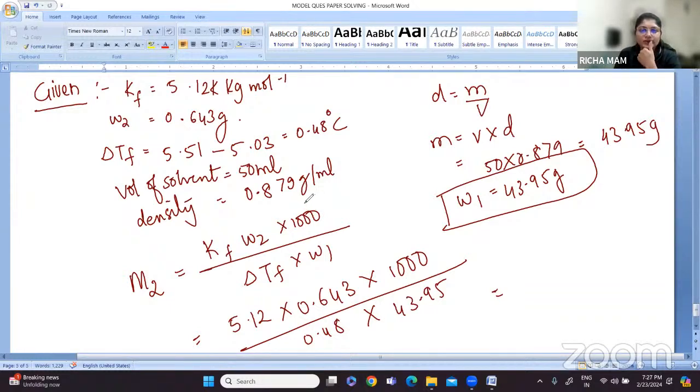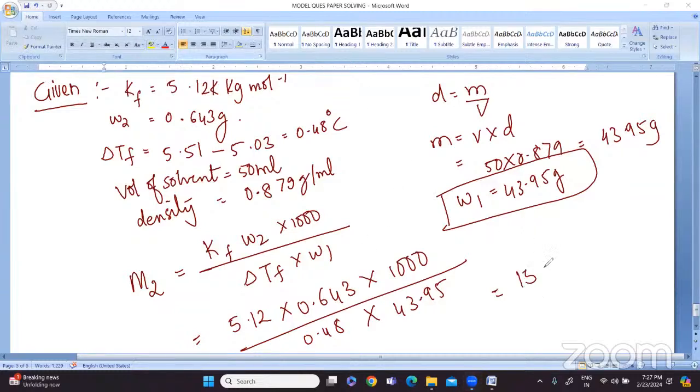What is the molar mass of the compound? So the answer will come to 156.056 gram per mole. Are you getting the same?